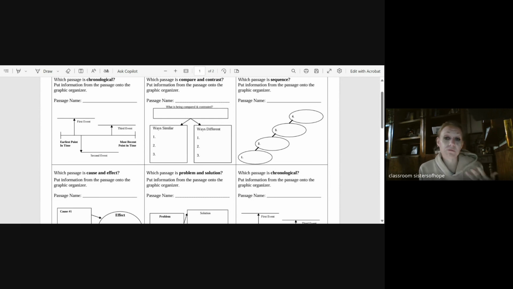So that kind of makes me think it could be sequential. But then if I look at the details beyond just those words, it was giving me reasons that the Great Recession happened, right? So which one of those text structures has to do with the reason that something happened and the result? Here's my cause and effect one.